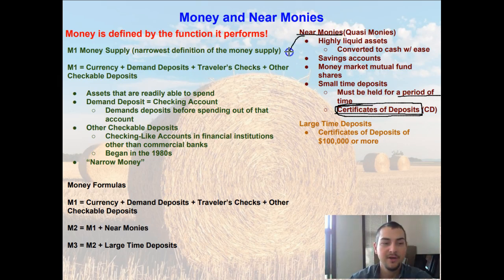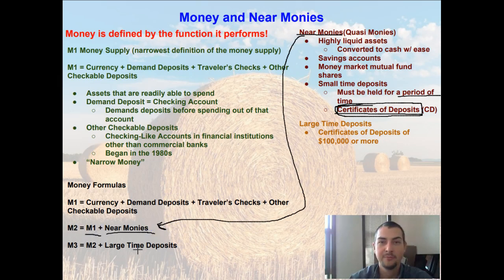Well, you see these near monies come in whenever we're calculating the M2 money supply. So the M2 money supply is equal to the M1 plus these near monies. So the M2 is a broader version of the money supply because it is bringing in those near monies. Now, there's another classification of money.